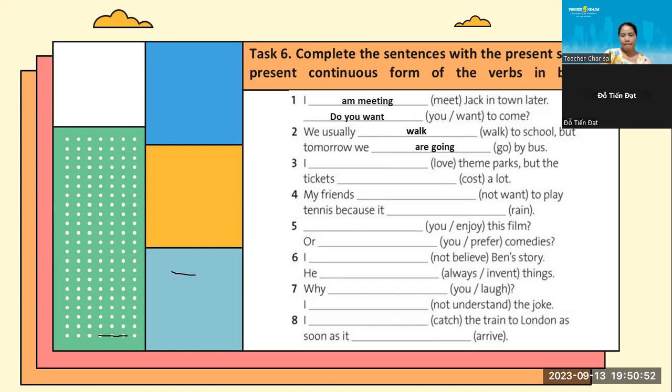I love theme parks, but the ticket is costing a lot. Costing. Okay, let's try number 4. A cost. My friend doesn't want to play tennis because it is raining.